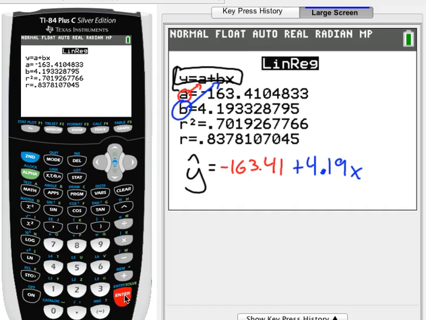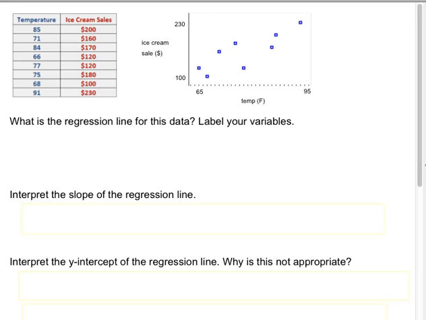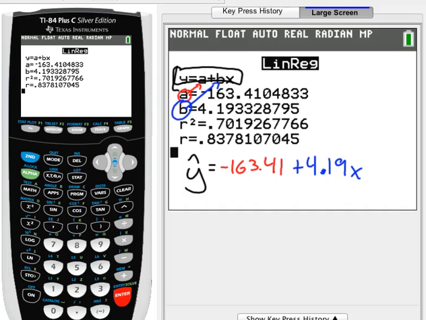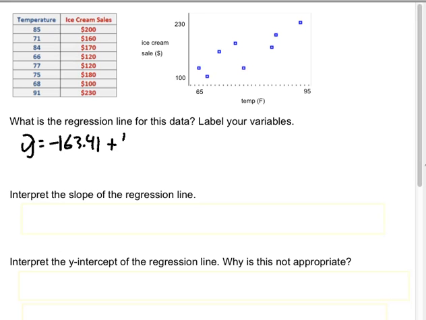So let's jot this down. So y equals negative 163.41 plus 4.19x. And again, it's reminding me to go and label my variables.